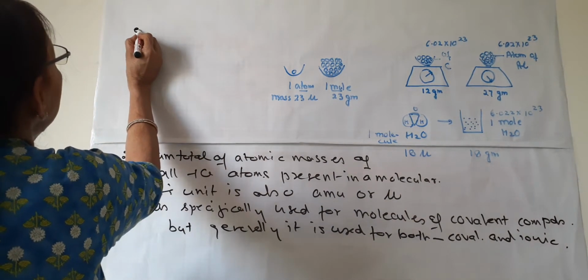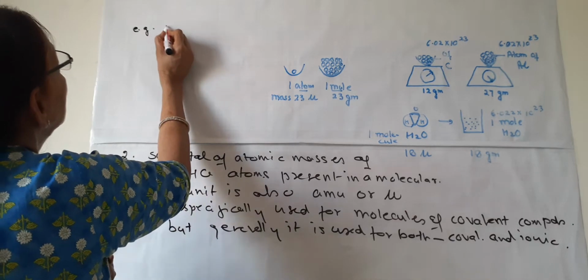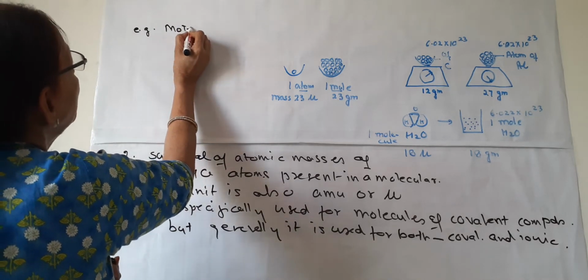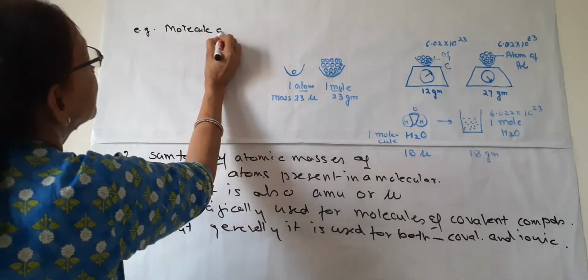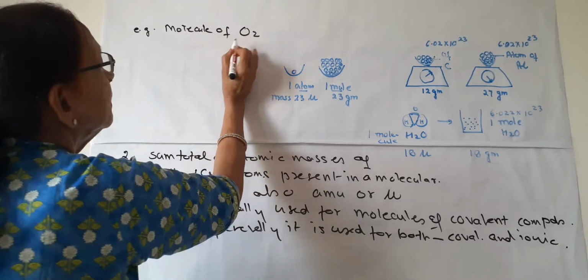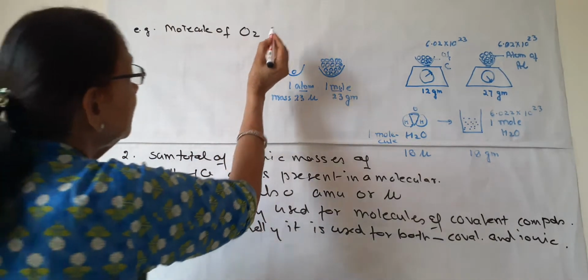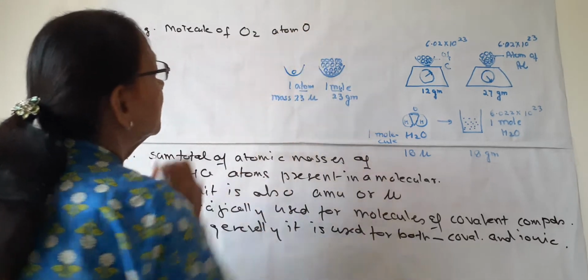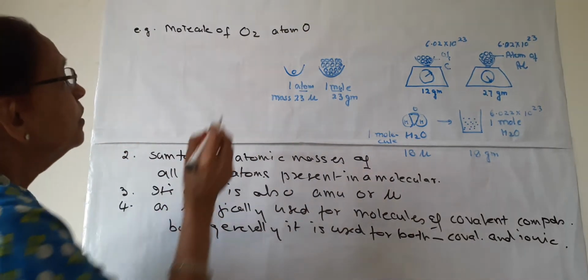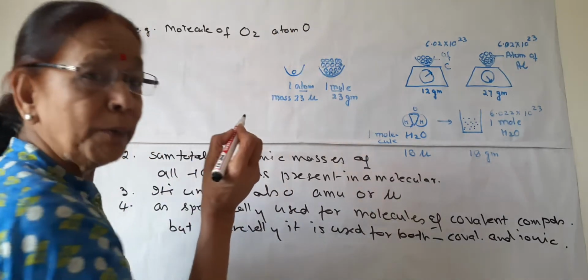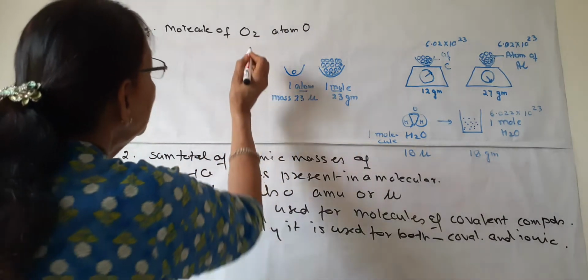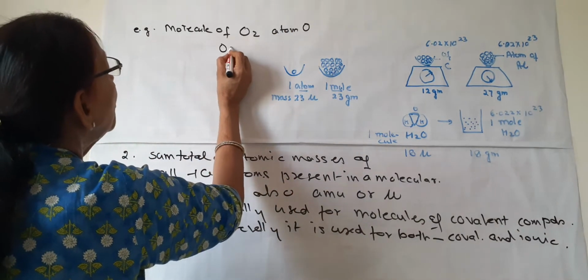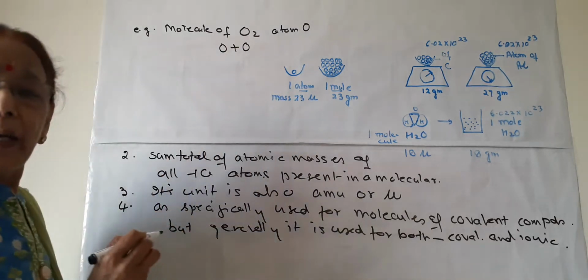For example, we can take a molecule of oxygen. This O2 is a molecule of oxygen, and the atom of oxygen is O. So this O2 is formed by two atoms.